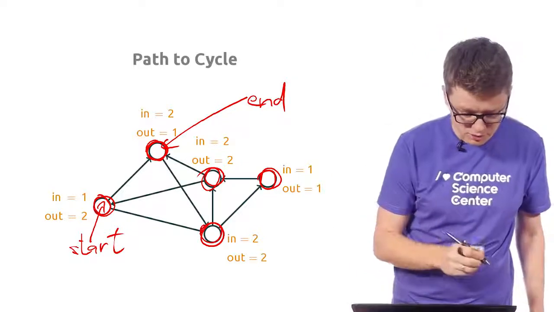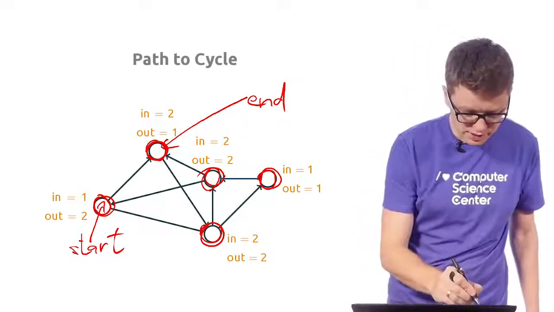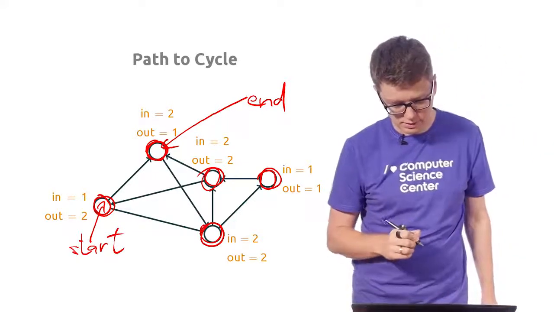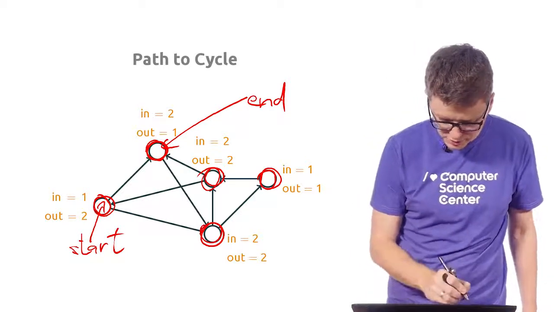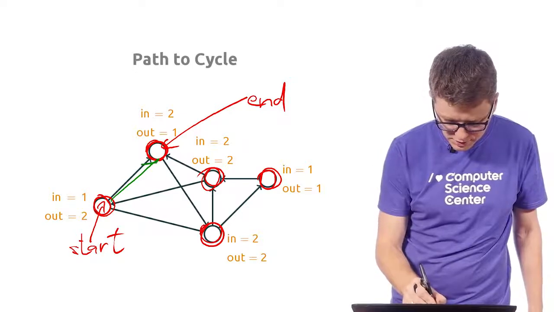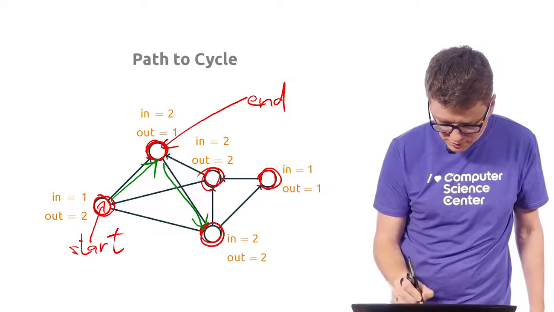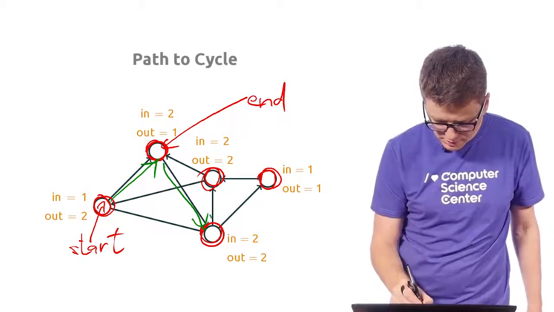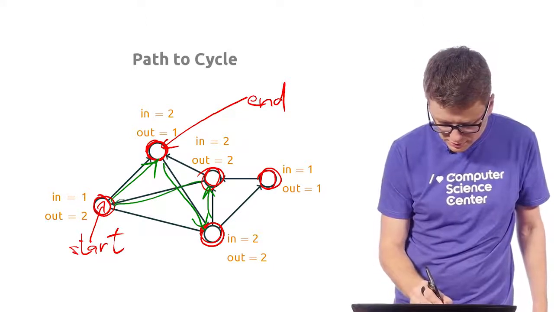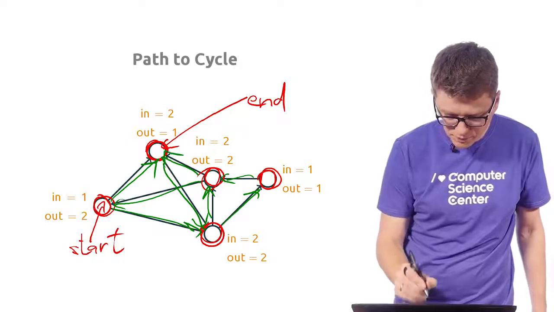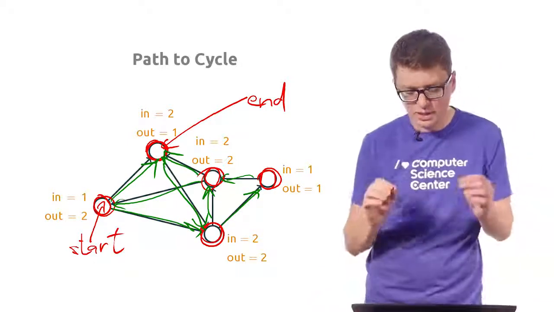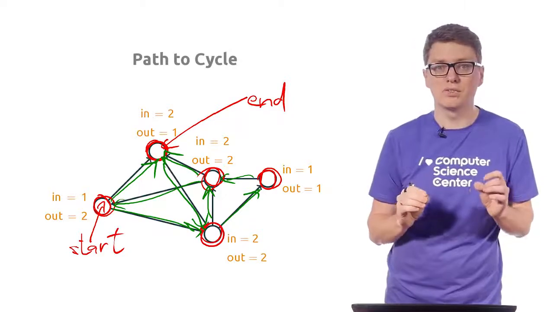Okay, now let me try to construct the corresponding Eulerian path here. We might, for example, go first here, then here, then here, then here, then here, here, here, and here. Okay, so indeed there is an Eulerian path in this graph.